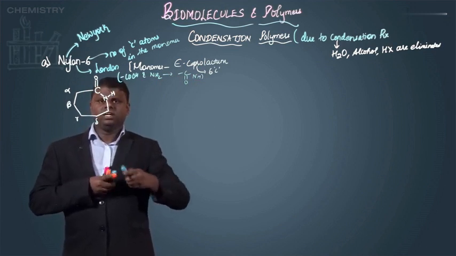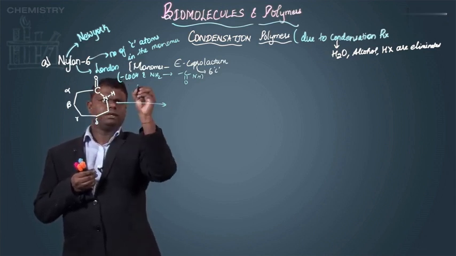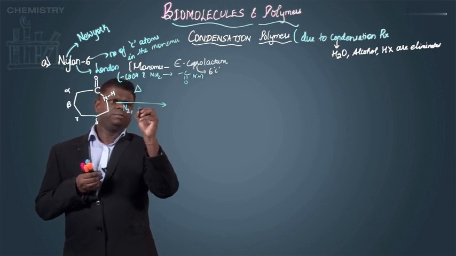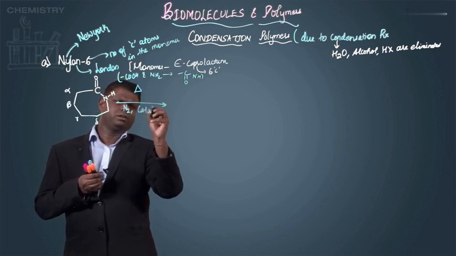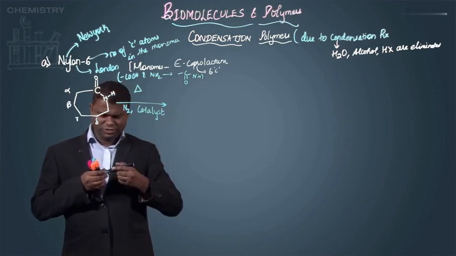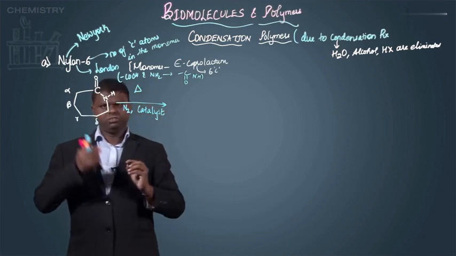Okay, now what exactly happens? This polymer is formed when epsilon caprolactam is heated, in an inert atmosphere, in the presence of a catalyst, depending upon the reaction conditions. Now let's write down the structure of the polymer.